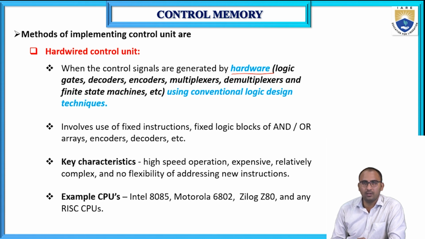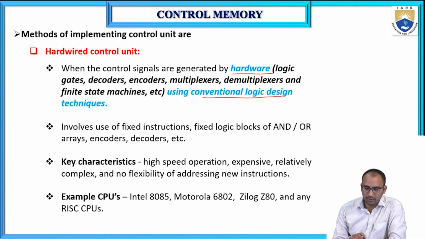It will not depend upon the previous output. So the performance of combinational logic circuits is faster, because the output only depends upon the present input. These control signals are generated by the hardware using conventional logic design techniques.